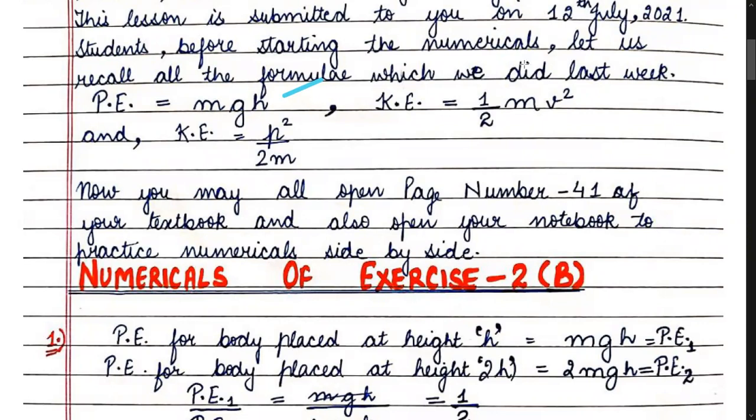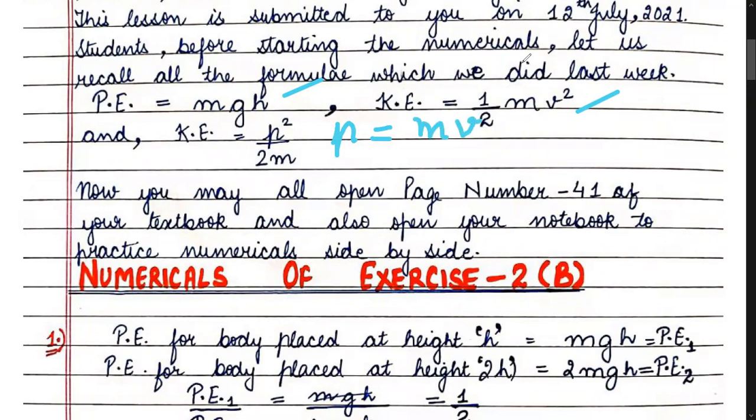Similarly, kinetic energy is given by the formula half mv square, that is, half multiplied by m multiplied by the square of the velocity of the object. And there is one more formula for kinetic energy, which is equal to p square upon 2m, where p refers to linear momentum and is given as the product of mass and velocity.